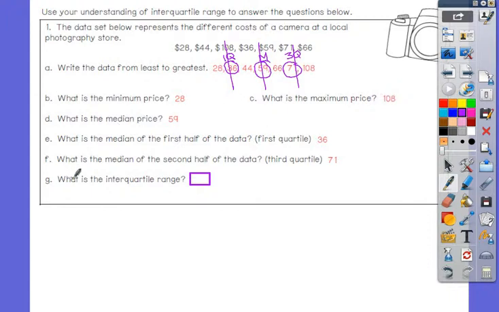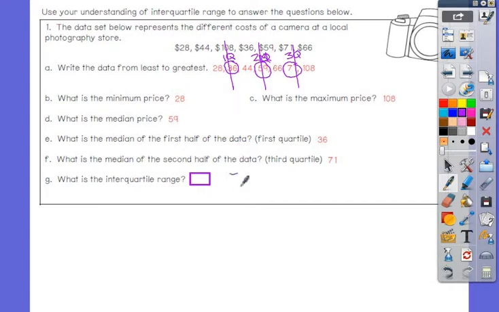So to find an interquartile range, we have to subtract our first quartile from our third quartile. This, by the way, is acting like my second quartile, or your middle. So there's 1, 2, 3, and there are your 4 sections. Alright, so to find your interquartile range, all you have to do is subtract your first quartile from your third.